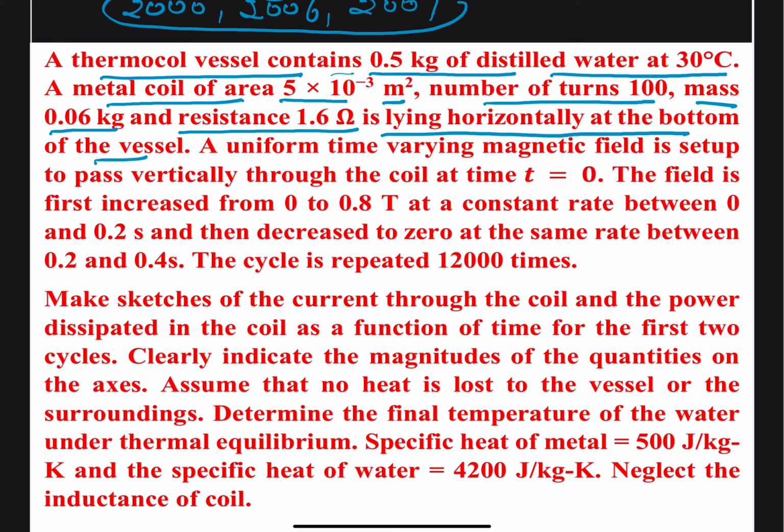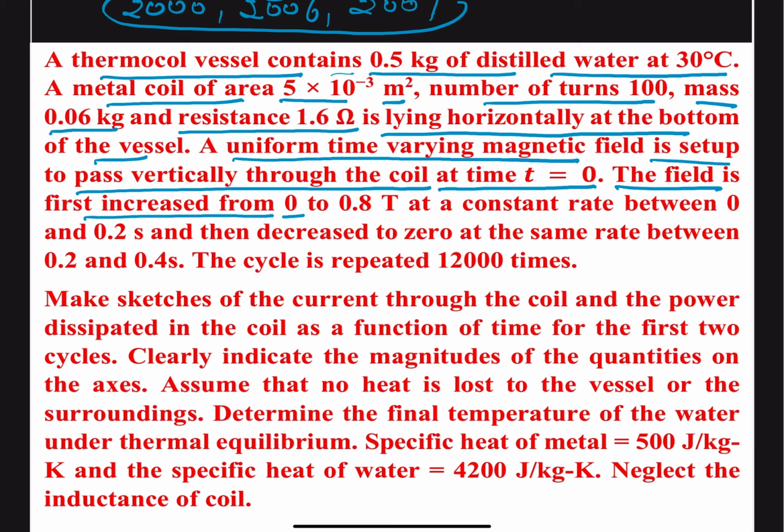A uniform time varying magnetic field is set up to pass vertically through the coil at time t equal to 0. The field is first increased from 0 to 0.8 Tesla at a constant rate between 0 and 0.2 second, and then decreases to 0 at the same rate between 0.2 and 0.4 second. The cycle is repeated 12,000 times.